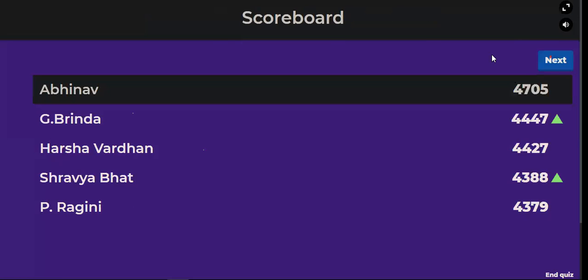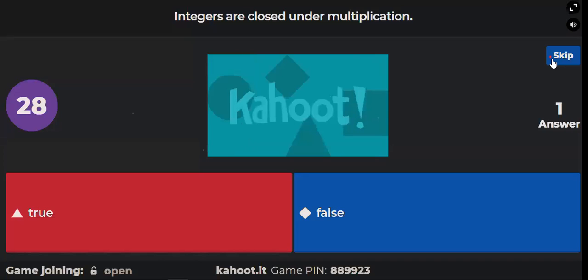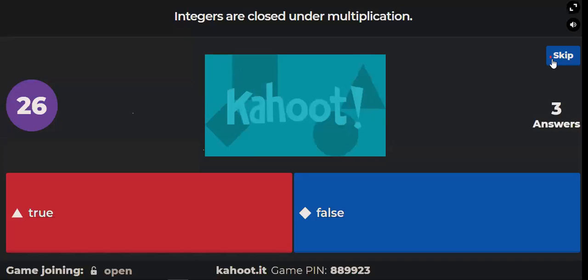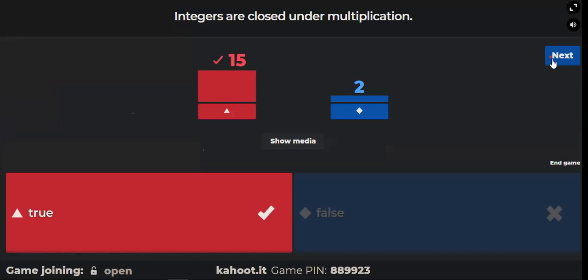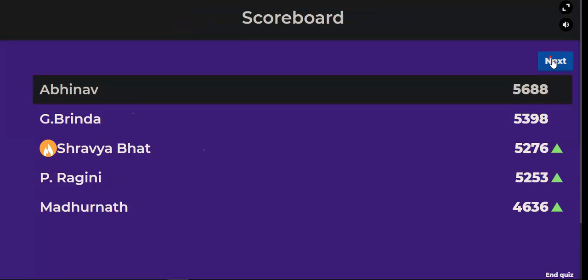Abhinav still holding first position. Let's see who can snatch his first position. Integers are closed under multiplication. Closure property. Those who answer fast, they'll get more score, by the way. Okay, very good. 15 students said yes, it is true, right? Very good. Abhinav still holding first position. Shravya, top.